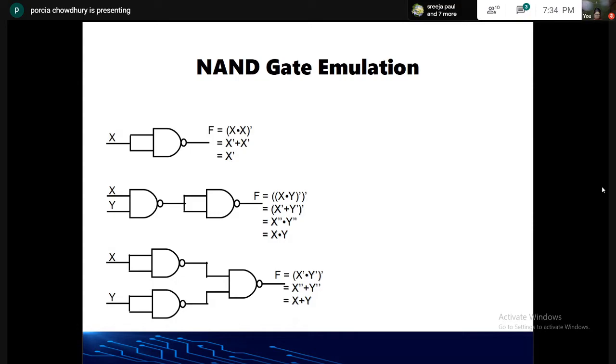Now, can you tell me what theorem we have used? De Morgan's theorem. Yeah, absolutely. So using De Morgan's law, we have implemented this. Hence we can prove that NAND is universal, as from NAND we can form NOT, AND, and OR.